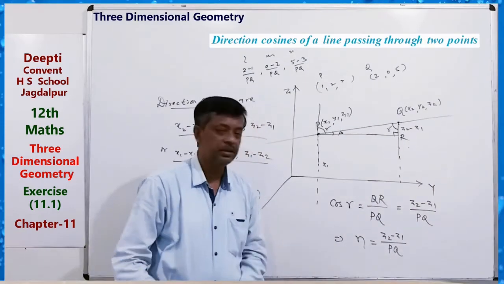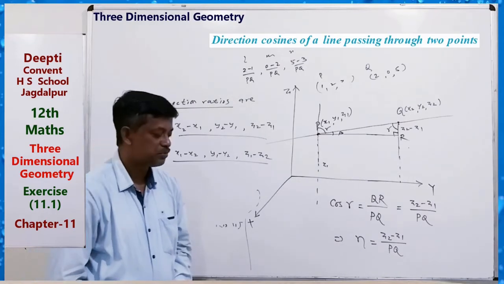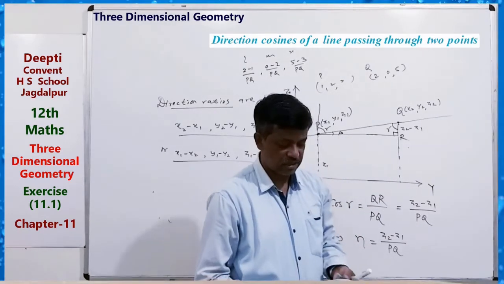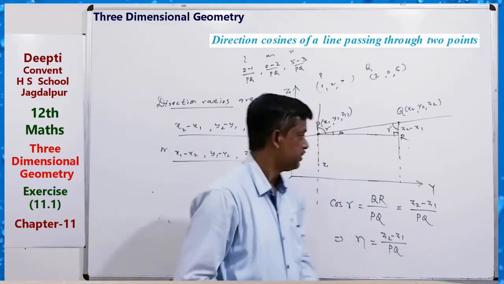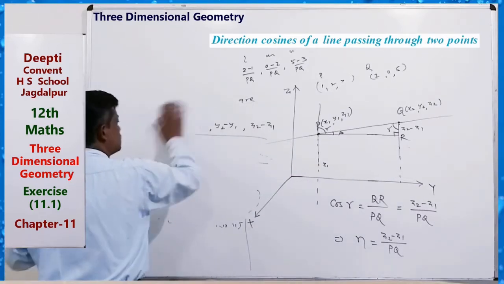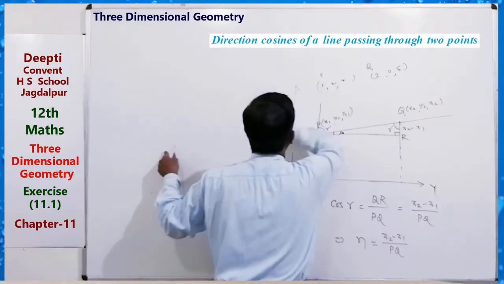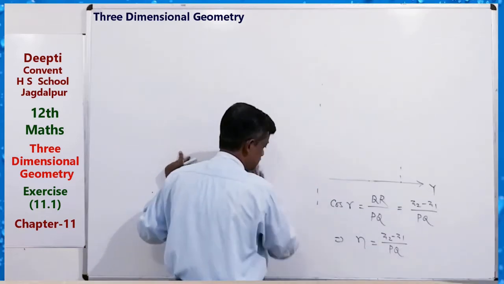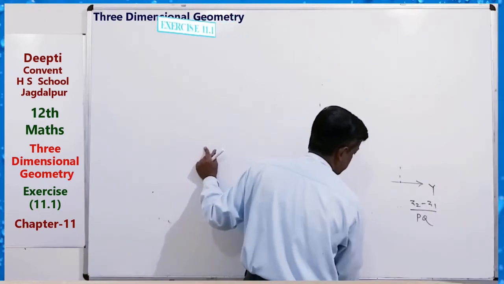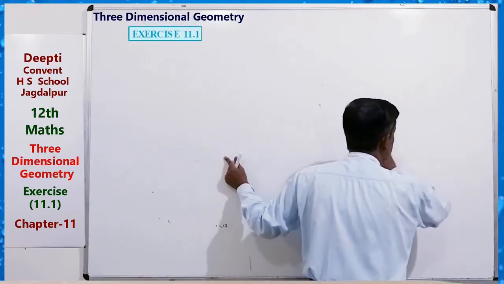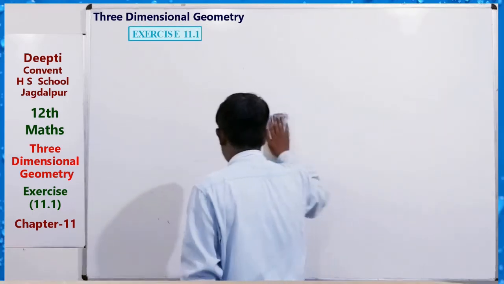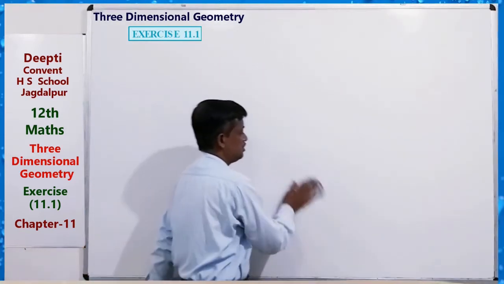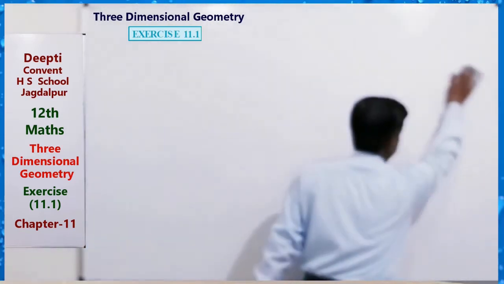Now we will solve the questions from exercise 1.1. Very simple questions, we only have to find direction cosines and direction ratios. Direction ratios and cosines of a line in 3D space are a very important part and an important formula, because in this chapter most of the questions we have to solve using direction ratios and direction cosines.